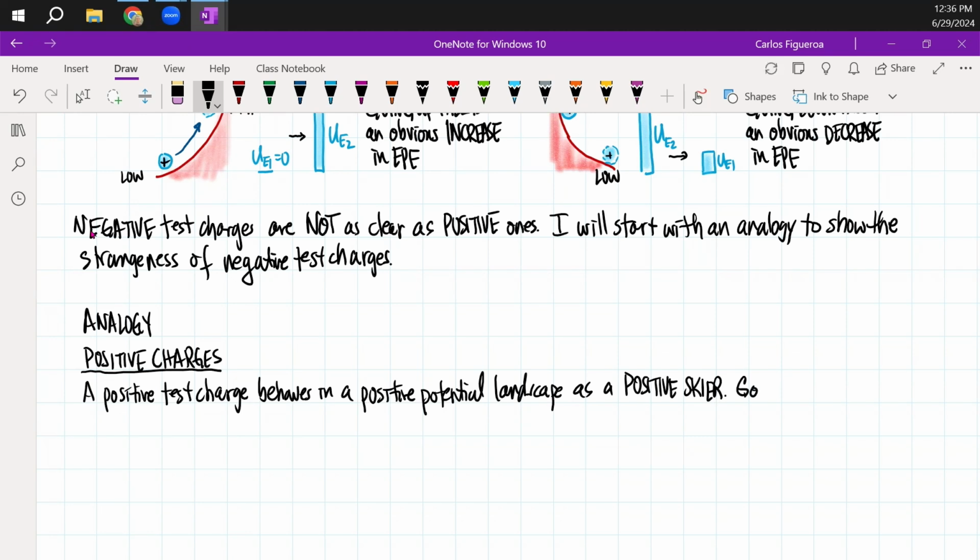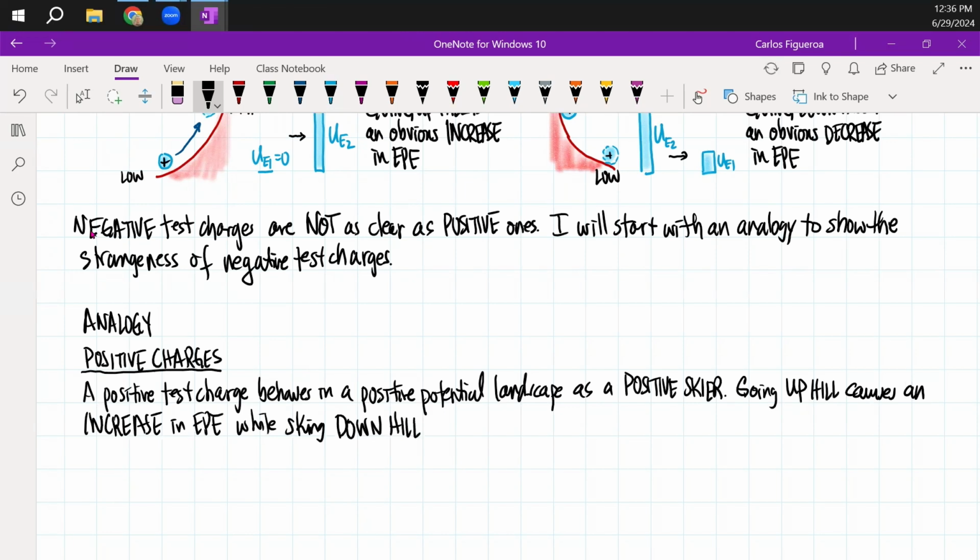Going uphill causes an increase in electrical potential energy, while skiing downhill is a decrease in electrical potential energy.